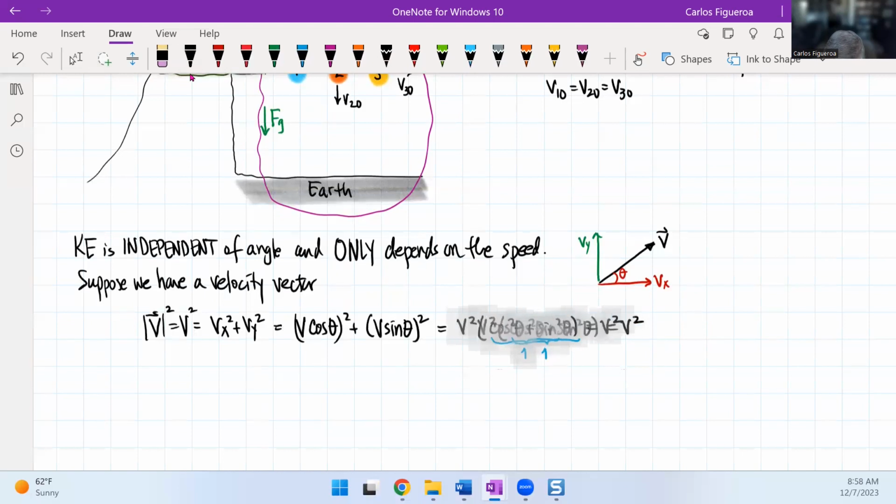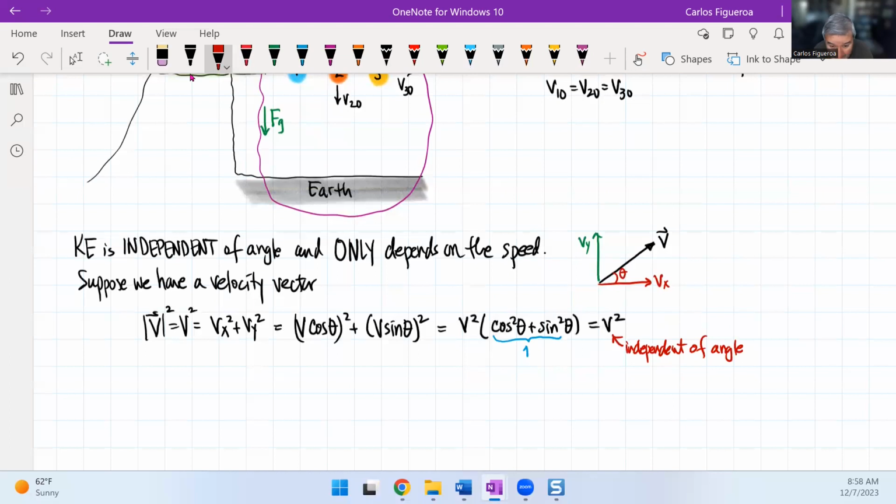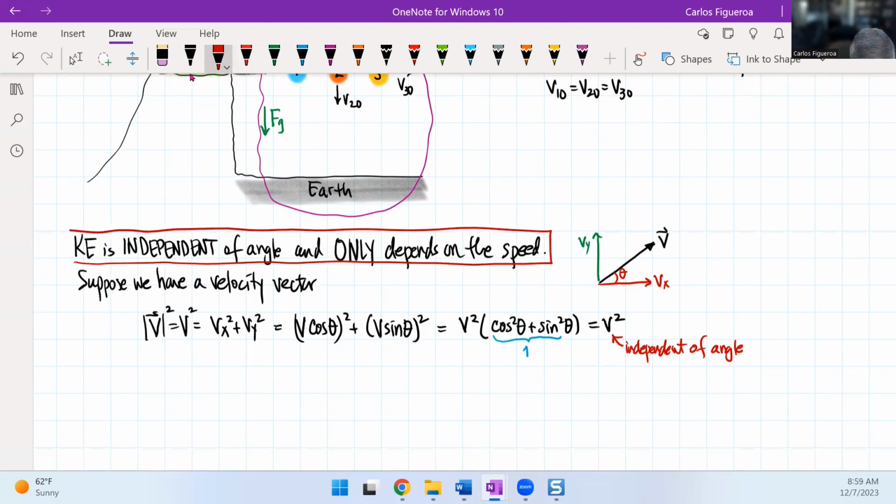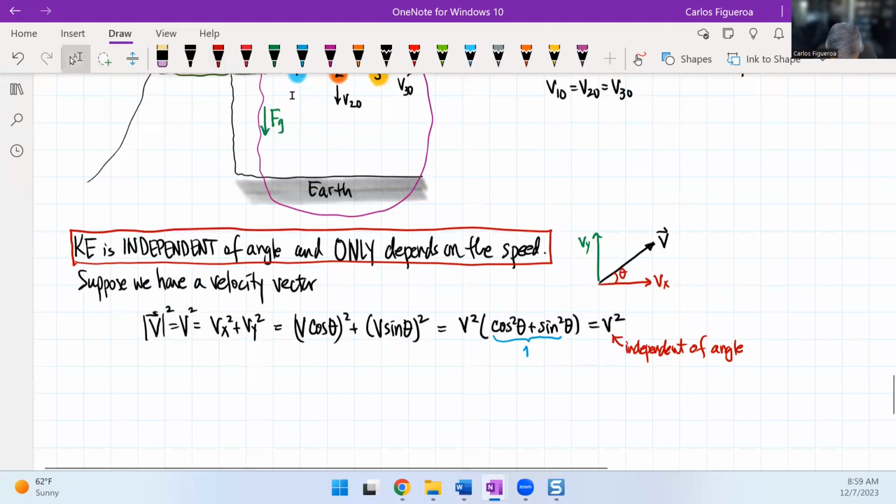So what I'm trying to show you here is that when I look at velocity squared and its components, you could see here that the final result is independent of angle. In other words, kinetic energy only depends on speed, and it doesn't matter about the angle.